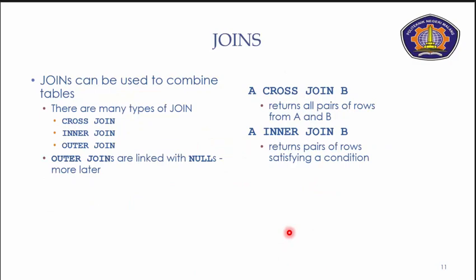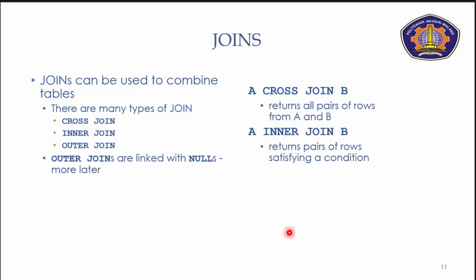And then we will learn about join. Join is used to combine tables. The minimum is two tables. There are many types of join, such as cross join, inner join, and outer join.